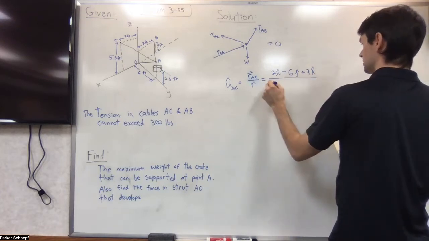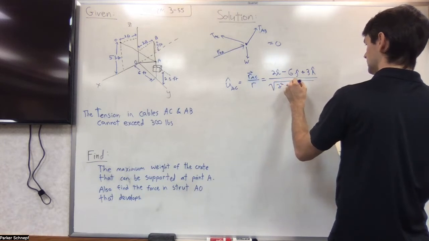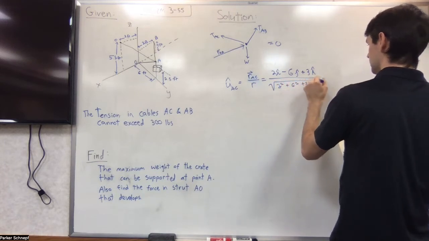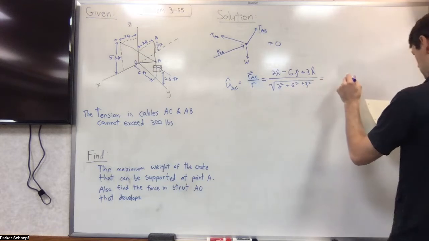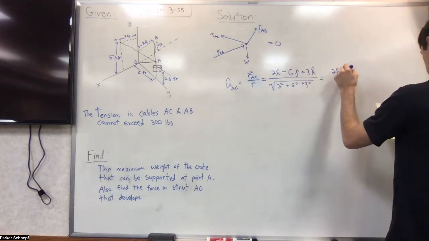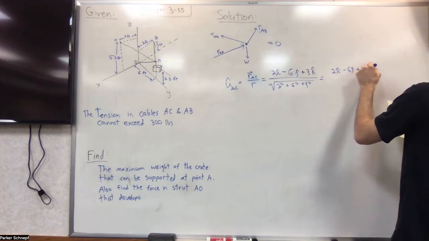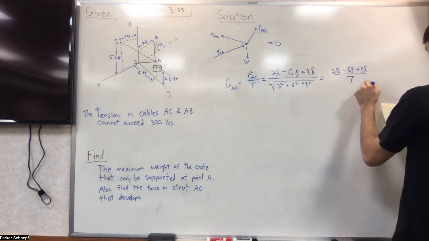The magnitude is the square root of the sum of the squares: 2 squared, 6 squared, 3 squared, which gives 7. So I get (2i minus 6j plus 3k) divided by 7.